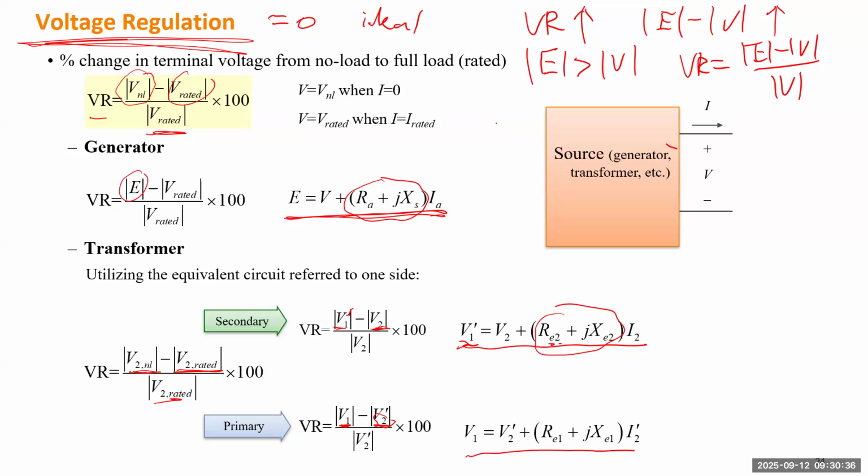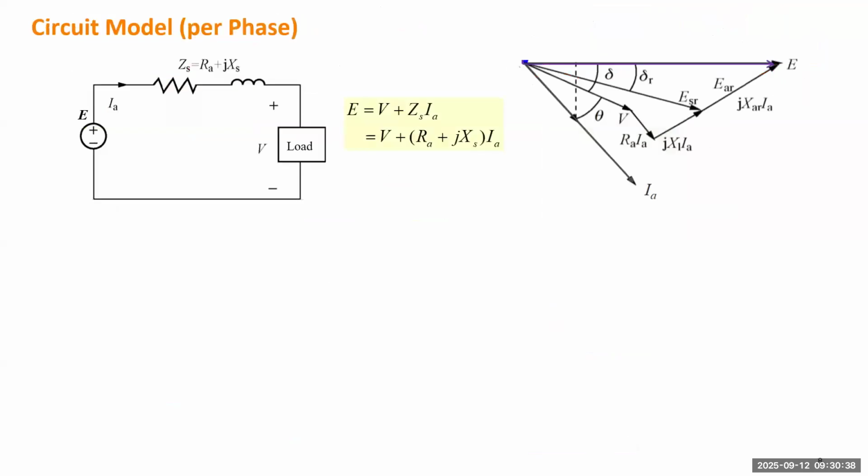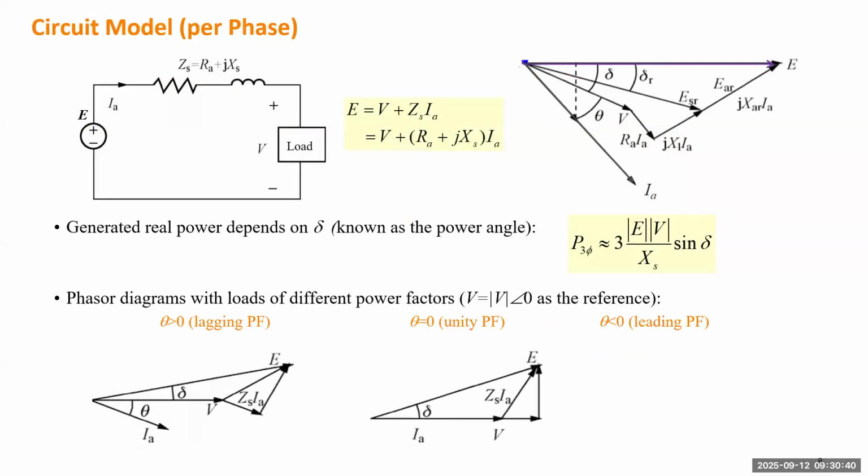Remember in the phasor diagram, we work on this case: when the power factor is leading, E can be shorter than V. So for that case, the voltage regulation can be negative. So voltage regulation can be positive or negative depending on what power factor you're operating the source at. But if voltage regulation is 0, it means an ideal source, or close to ideal source.